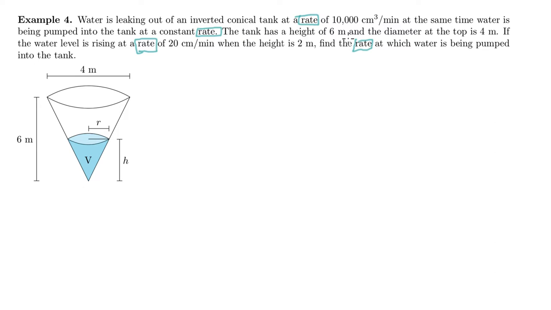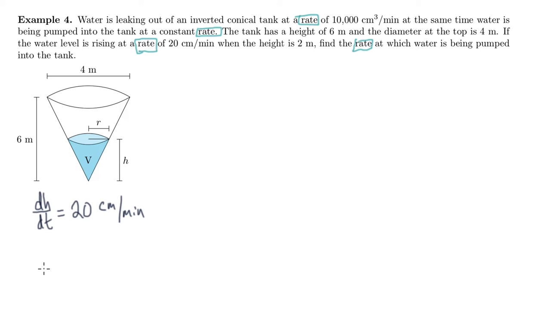Okay, so it looks like to me that we know dh/dt. That was pretty clear. The water level is rising at a rate of 20 centimeters per minute. So that's saying dh/dt is 20 centimeters per minute. That's what we know.